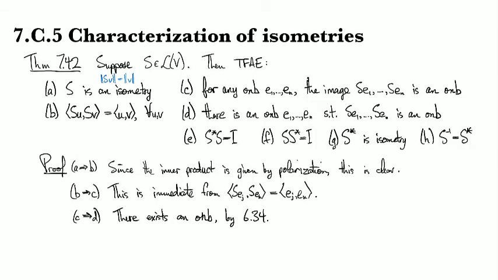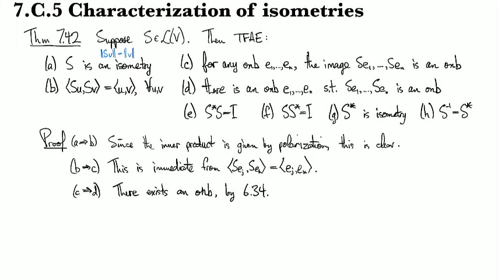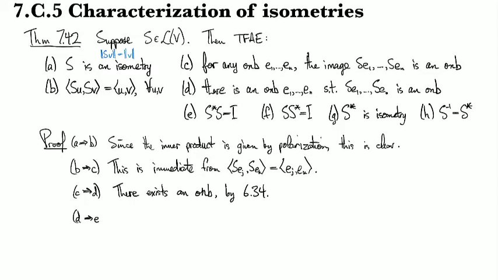Then by part C, its image is an orthonormal basis. Therefore, there exists an orthonormal basis whose image is an orthonormal basis. And we're done.